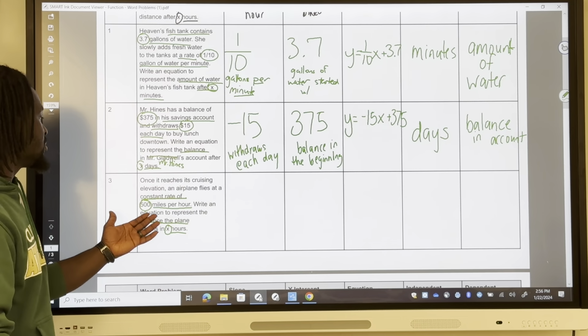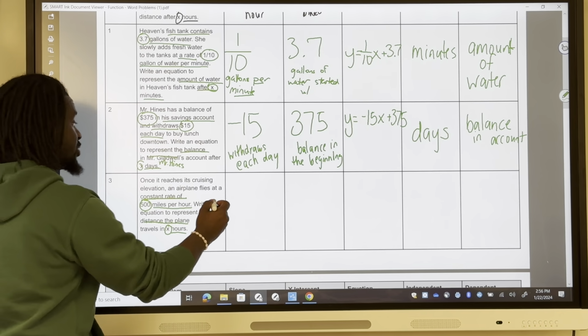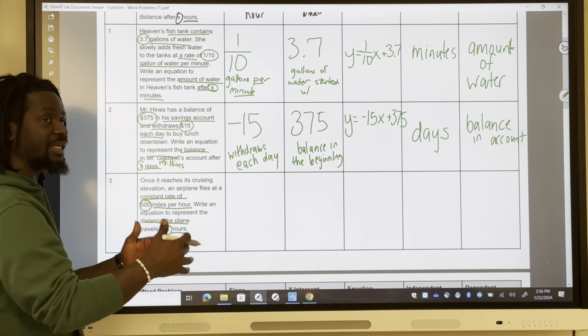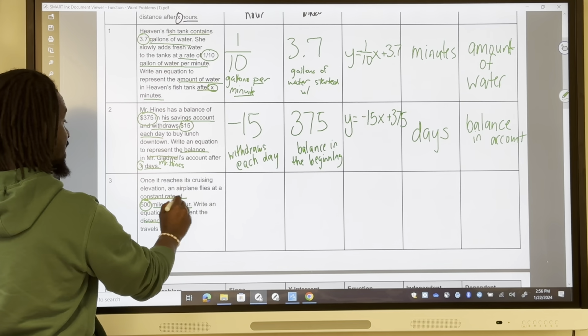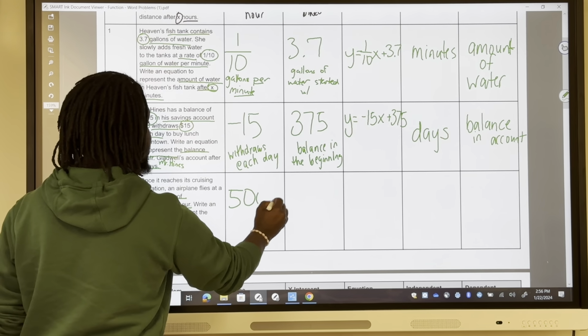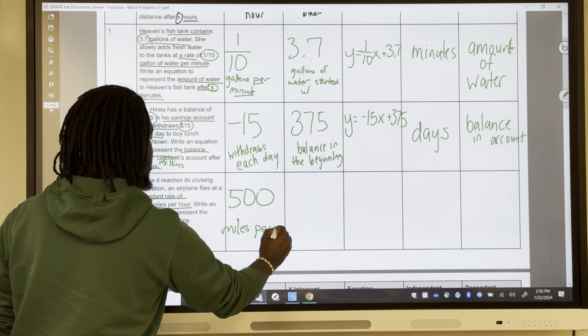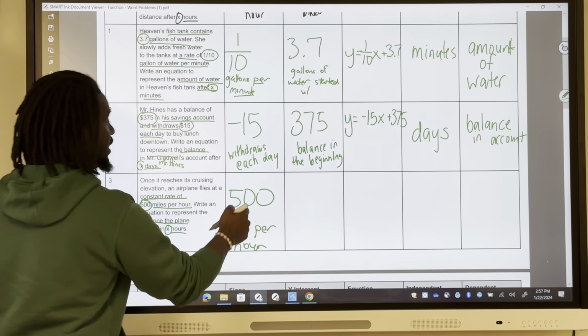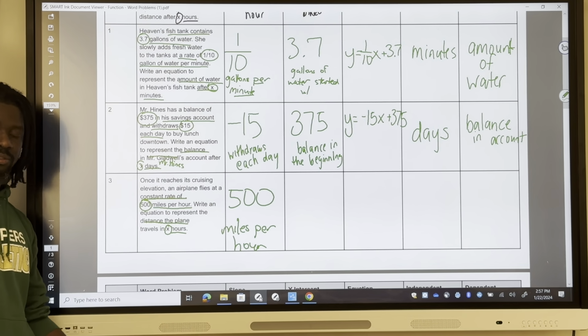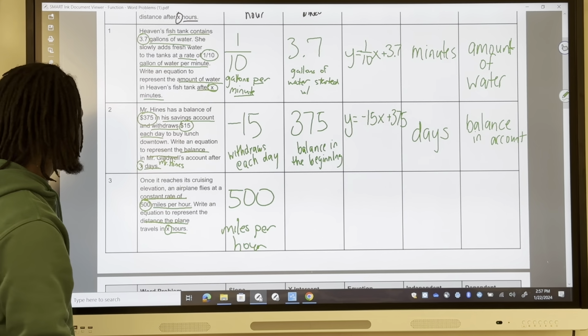In this problem, what's changing? It's changing at a rate of, again, it told us 500 miles per hour. So again, the slope is 500, changing at 500 miles per hour.